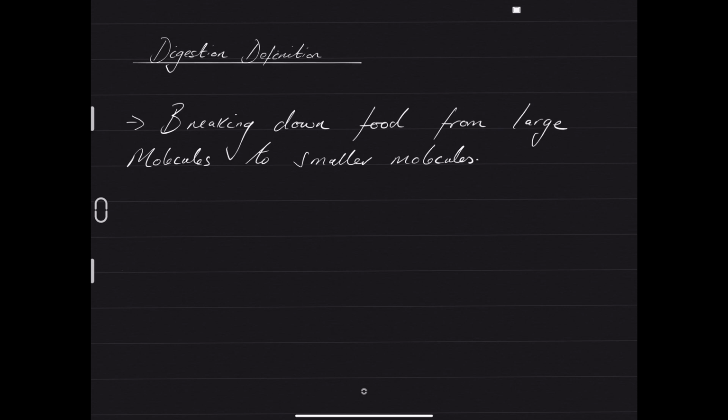And the final point here is the absorption, so let's put this in another bullet point, the absorption of these molecules.